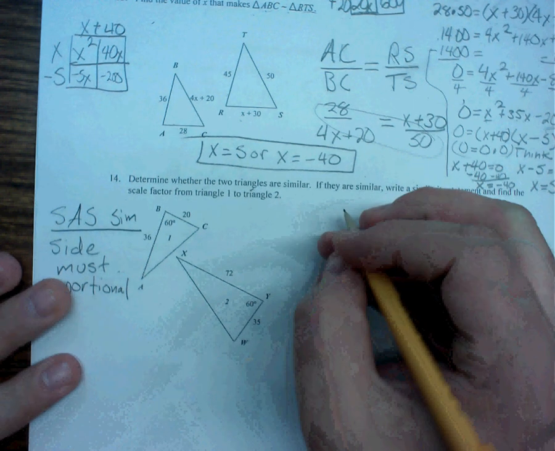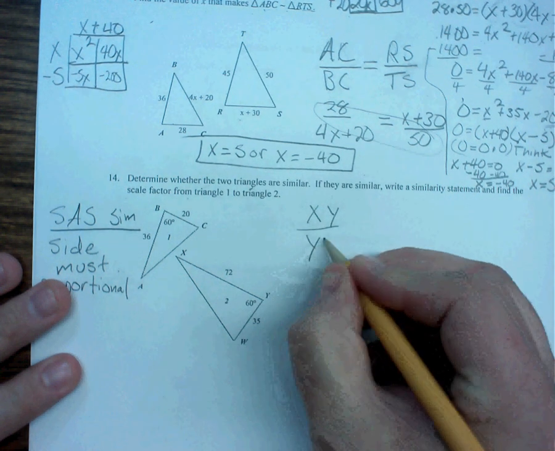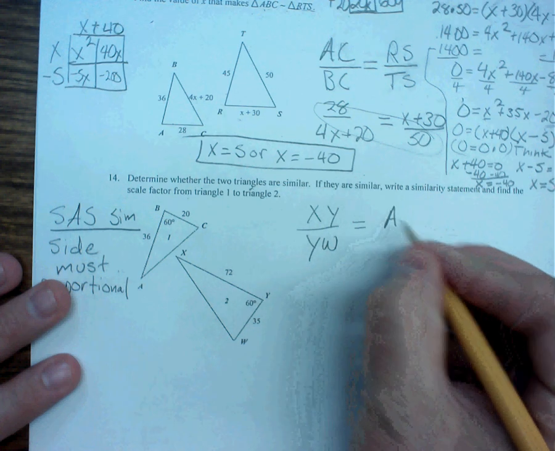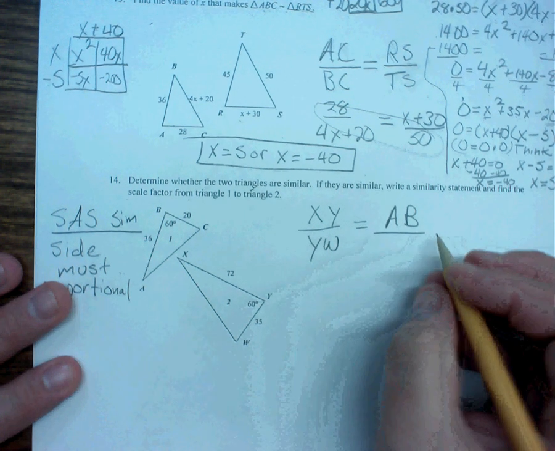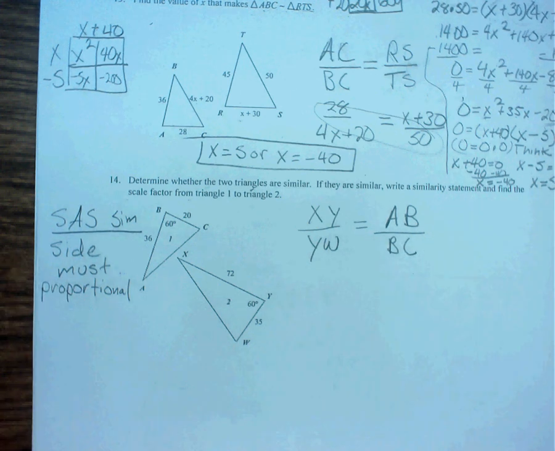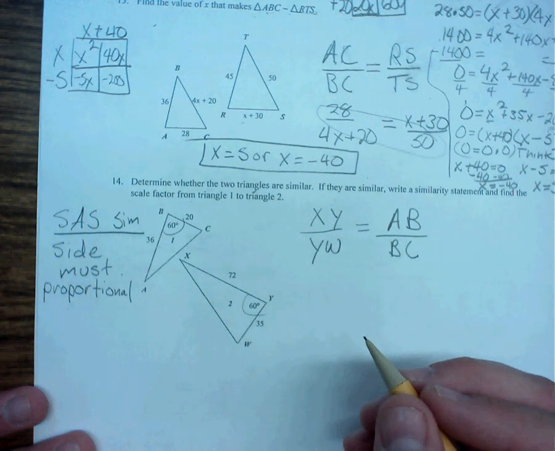If I look at this, in other words, xy over yw has to equal ab over bc. I already know that angle b and angle y are congruent, right? So that's the angle part.